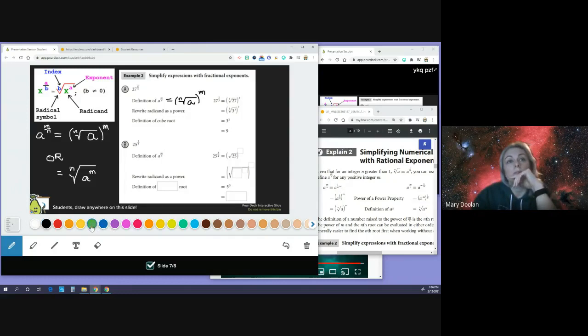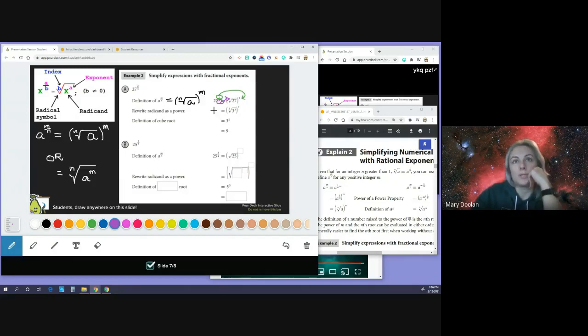And so when you're doing this, you can think of this numerator here comes out here, and it's the exponent. And then your denominator here becomes the index. The denominator became the index before. The only thing that's different is now we have a numerator to move, right? Before the numerator was just 1, and if you move a 1 there, it doesn't change the value of anything, so we didn't write it.